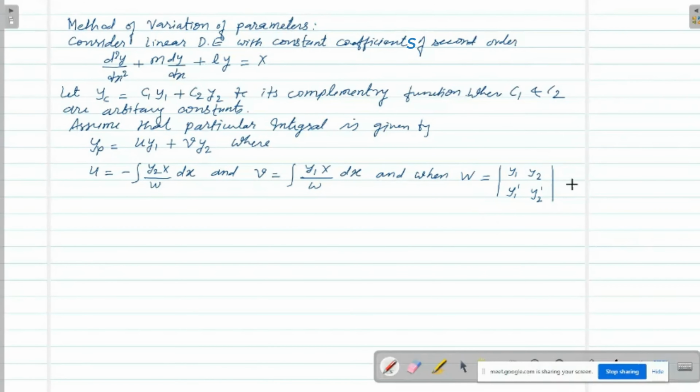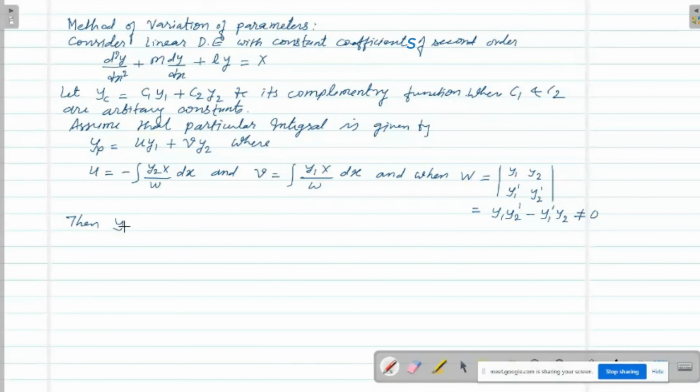This equals y1 y2 dash minus y1 dash y2, and this must not be 0. Then you can say that y1 and y2 are two linearly independent solutions of the given differential equation.